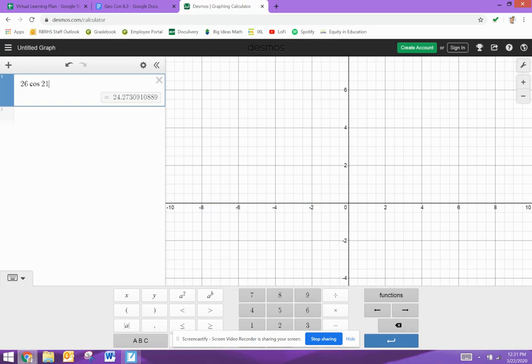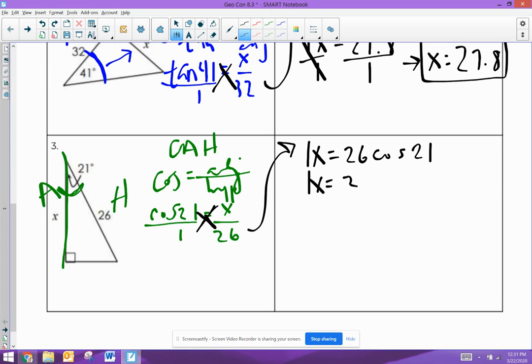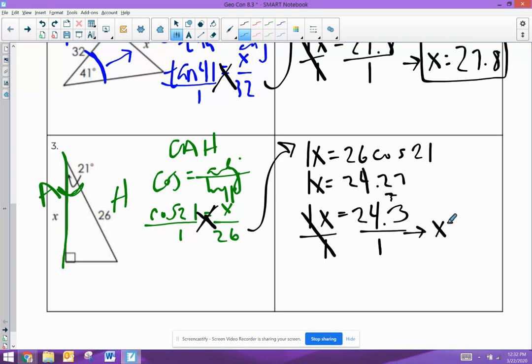See if we got 24. So if we want to round to the nearest tenths place, we have to look at that 7. So that'll be 1x equals 24.3. There we have it, 24.3.